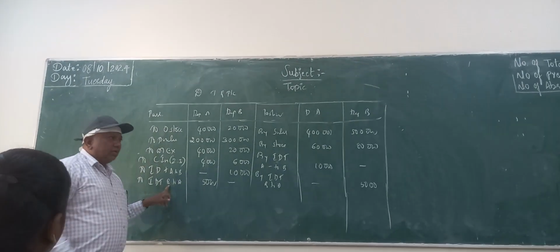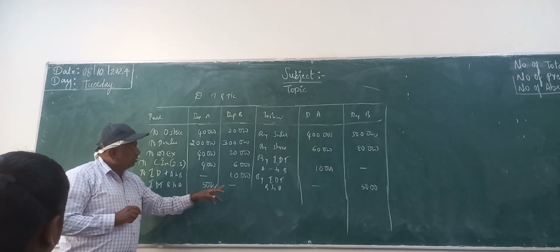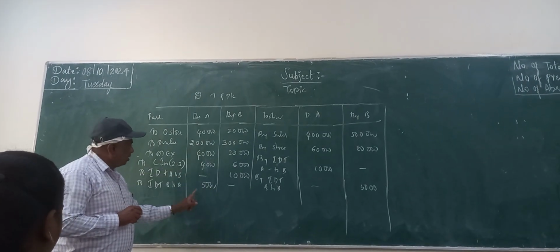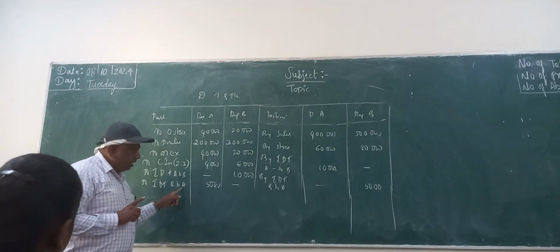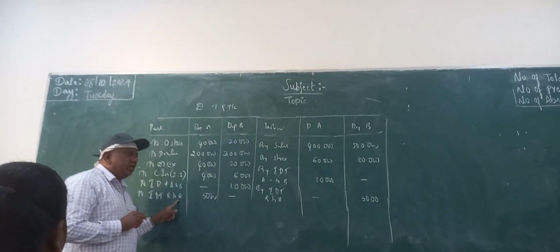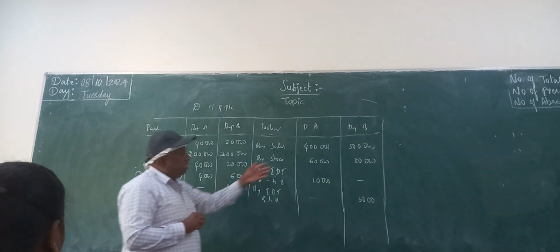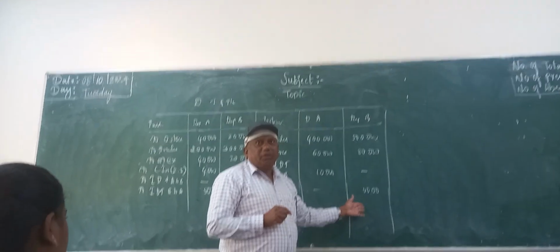B to A, meaning what? Who is the receiver? Who is the purchaser? Purchaser should write where? A is purchaser, right? Who is the seller? B. Where should we write? Credit side. I wrote in B column, right? Any doubt?